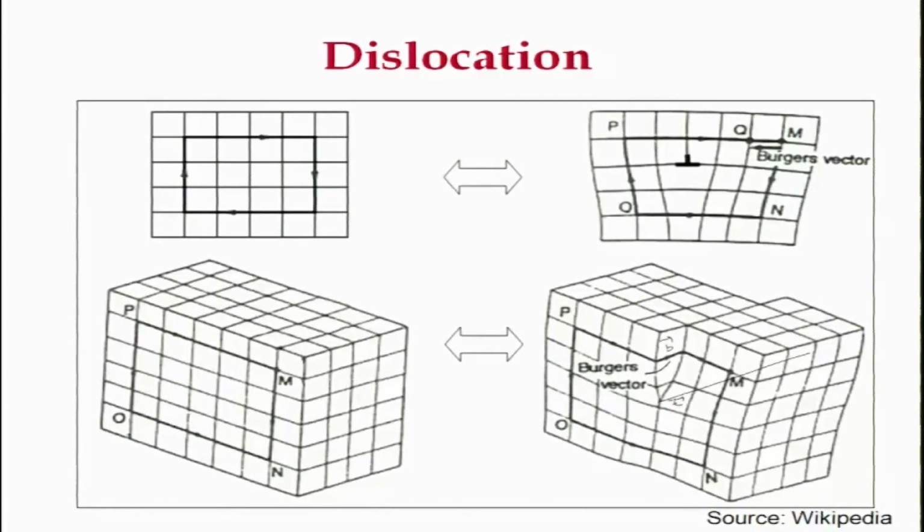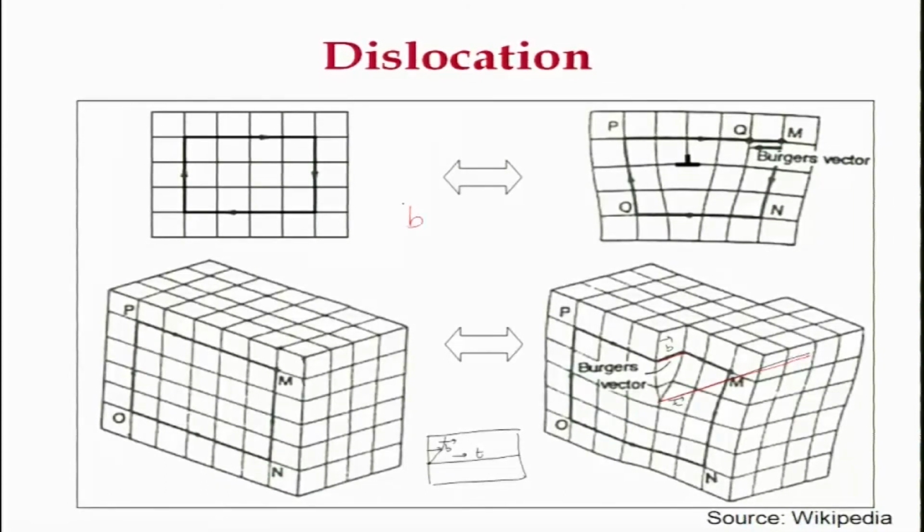So B and T are now parallel to each other, whereas in the edge case B and T were perpendicular. If I draw the side view, this is the point of the dislocation line, this is T, and your B will be in this direction as well. This sheared region is the step that you create, and the line that you have, both are parallel to each other.